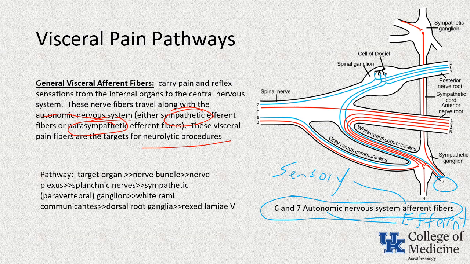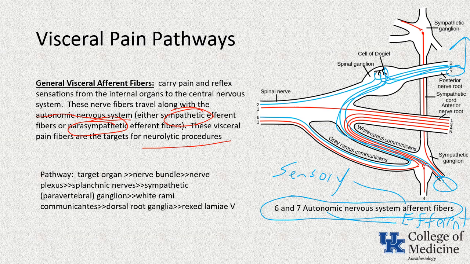And so you can see 6 and 7. 7 we'll say is a general visceral afferent that comes in from the abdomen into the sympathetic ganglia through the white rami communicans to the dorsal root ganglia and then into the spinal cord and then up.